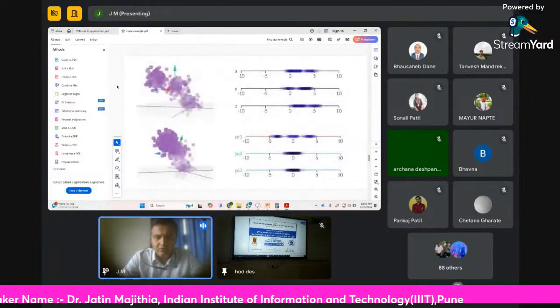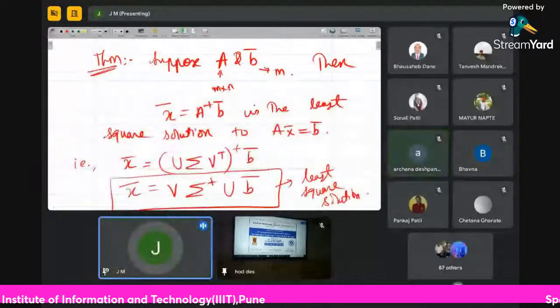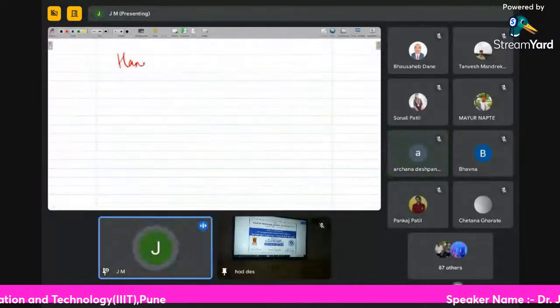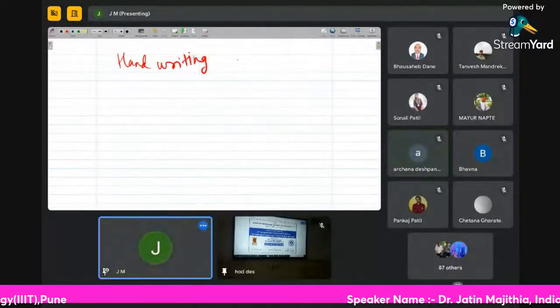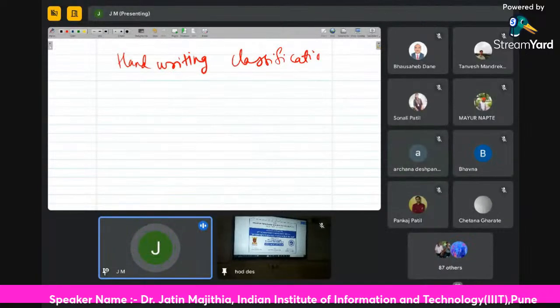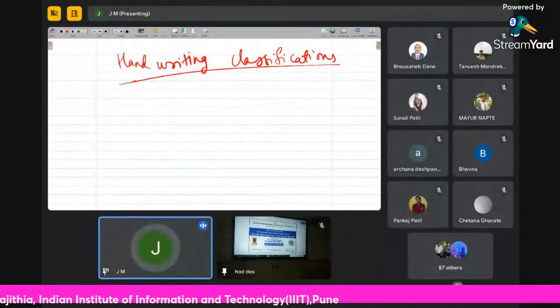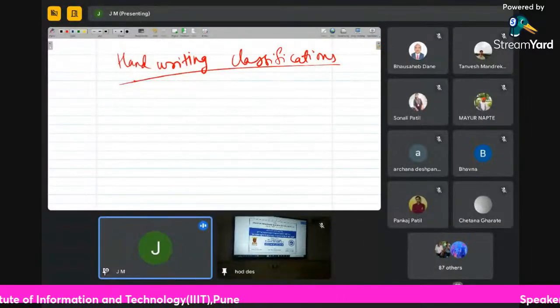This is the classification that we have done. It also helps in handwriting classification. Okay, handwriting, just remember this. Whenever you want to classify in machine learning, you always go for the classification algorithms.